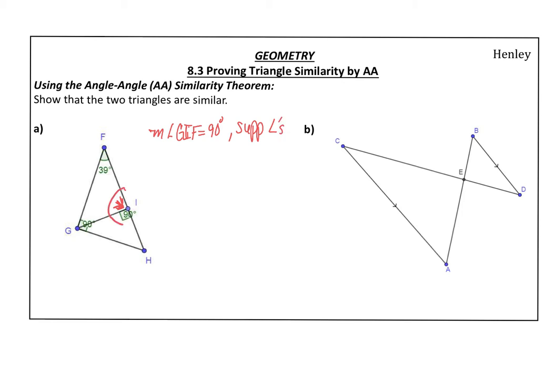Right here, we have a pair of supplementary angles, and this angle is labeled as 90 degrees. So we know that angle GIF is congruent to angle HIG, because they're both equal to 90 degrees. That gives us one of our angle pairs between the two triangles.